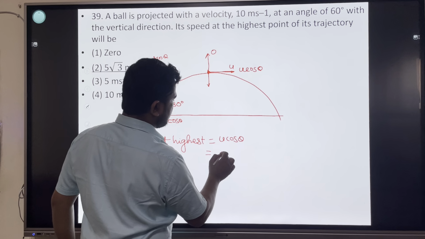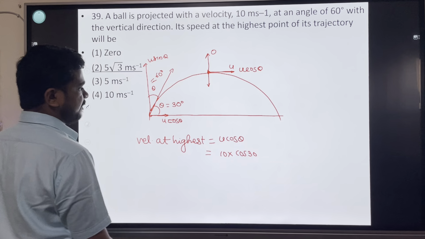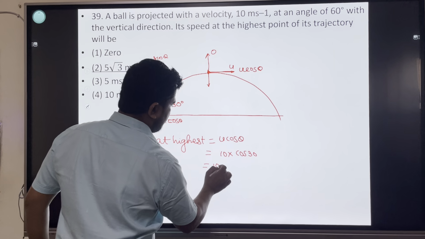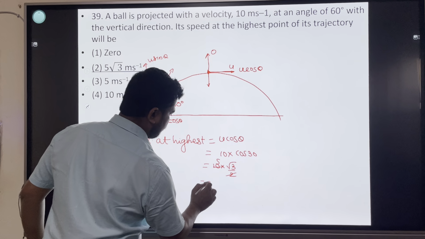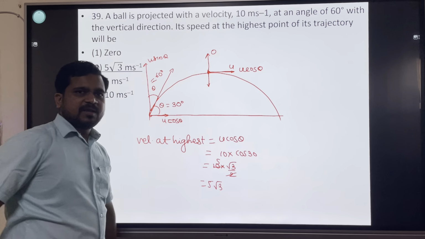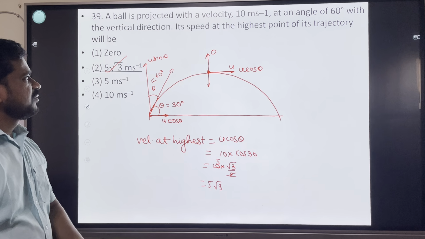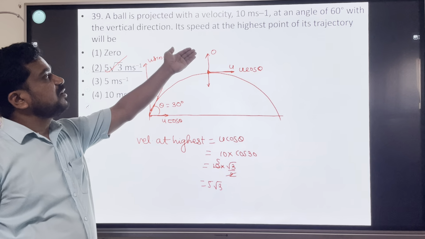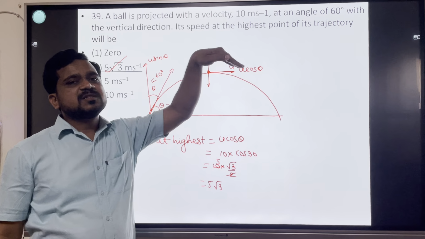Initial velocity is 10 into cos 30. 10 into cos 30 is 5 root 3. 5 root 3 is the answer. At the highest point, vertical component is 0 and only the horizontal component is left.